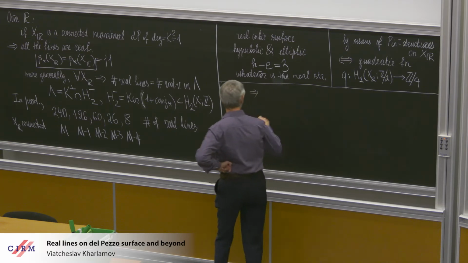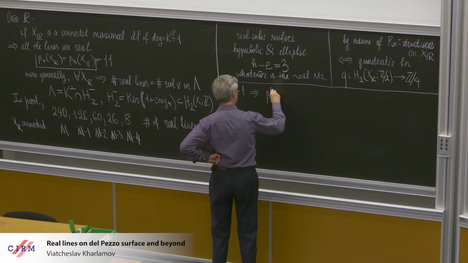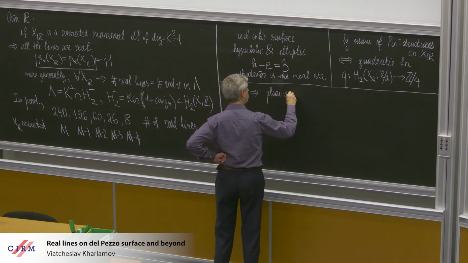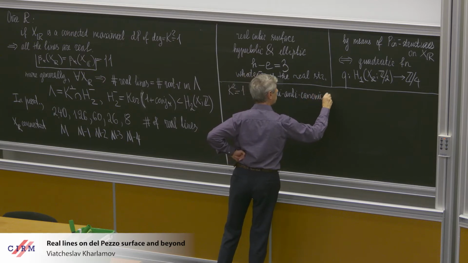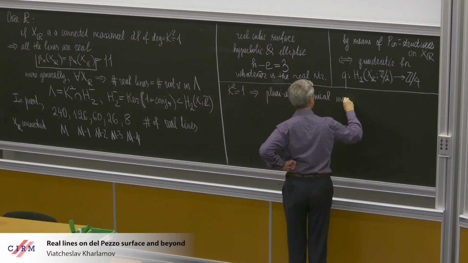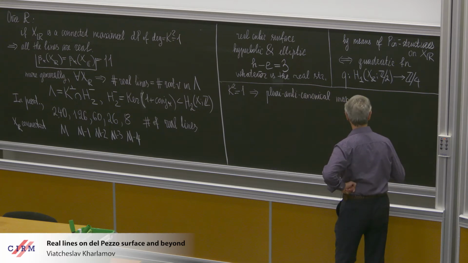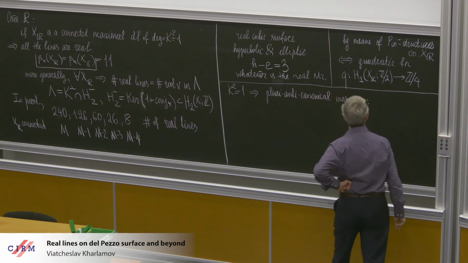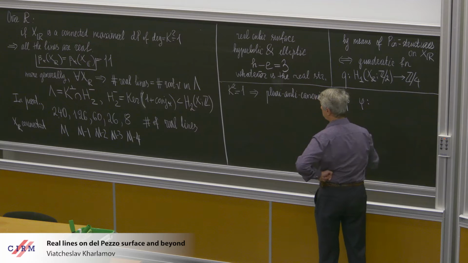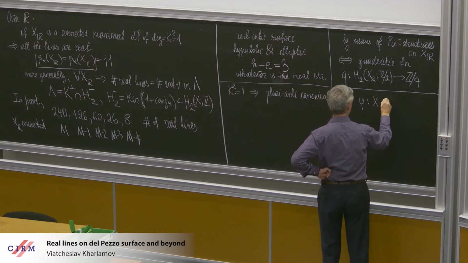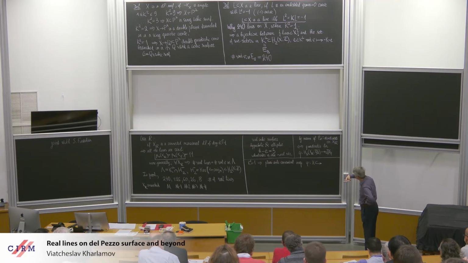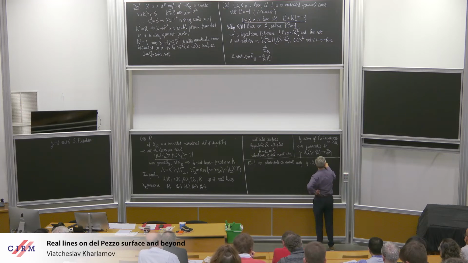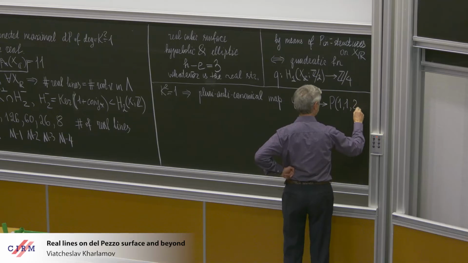If you take the anti-canonical map on the del Pezzo surface with K squared equal to 1, then you get an embedding of X not in the usual projective 3-space, but in a weighted projective space with weights 1, 1, 2, and 3.